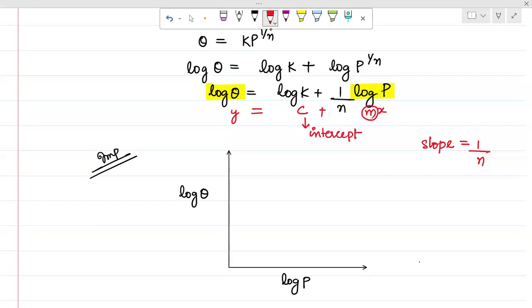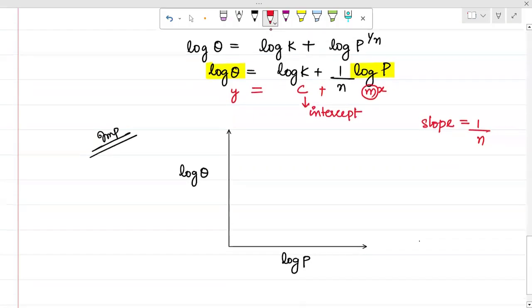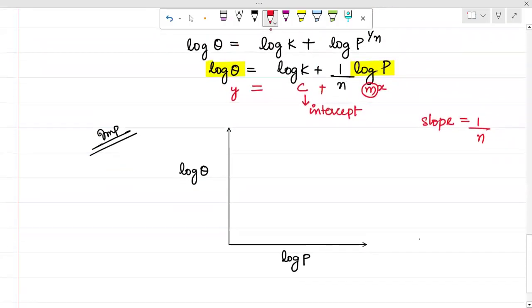Now see, as we said, k is a constant. k can take various values. Let's say that the value of k is equal to 1. If k is equal to 1, we know that log k is equal to log 1 is equal to 0. That means it will pass through the origin.